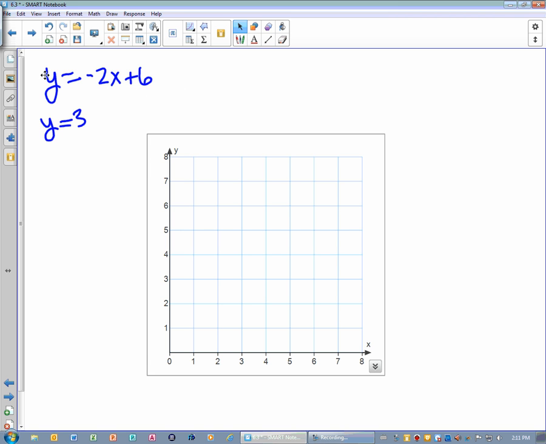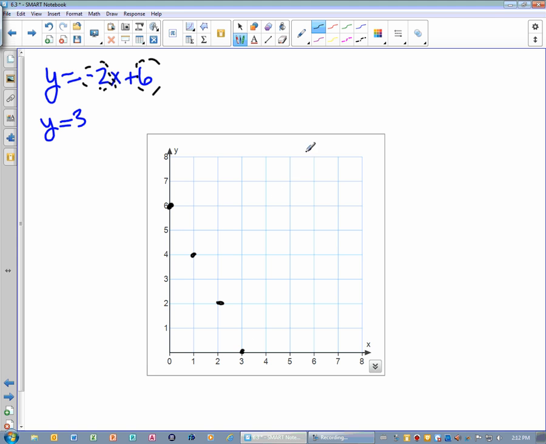So my first one, y equals negative 2x plus 6, remember, is in the form of y equals mx plus b. Here's my slope, and this is my y-intercept, meaning I start at 6. So there is my y-intercept. My slope is negative 2, so I go down 2 over 1, down 2 over 1, down 2 over 1.